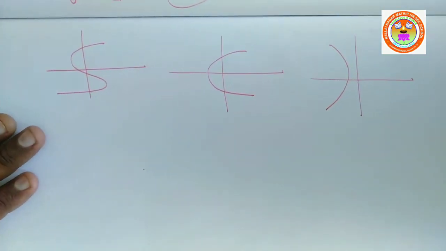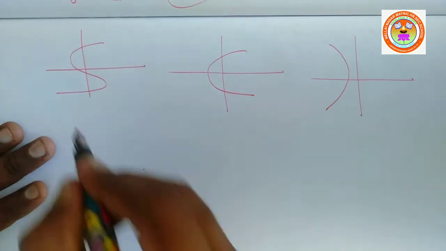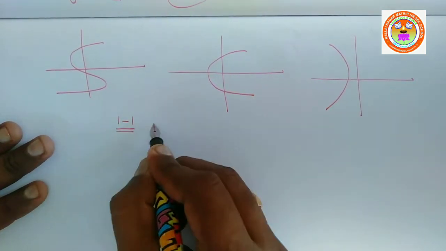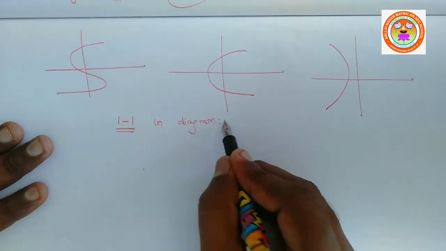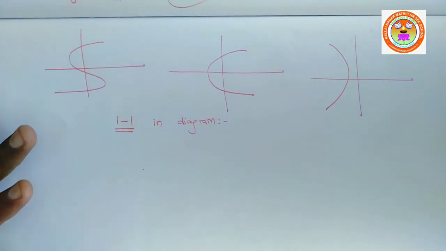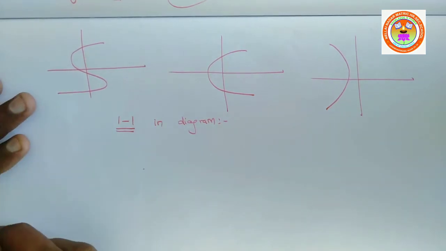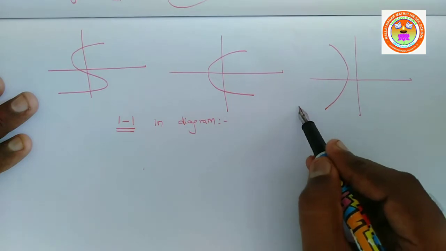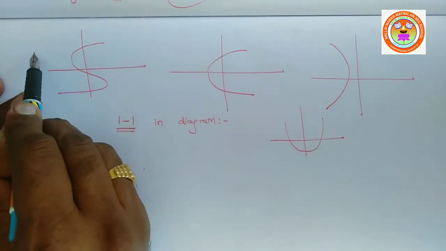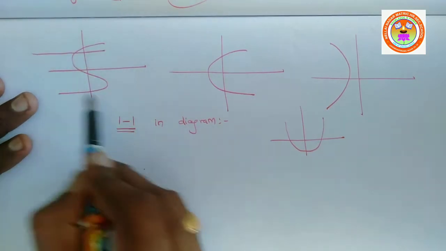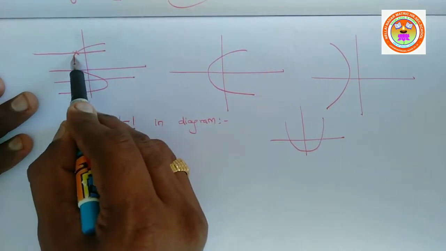So how do we test a one-to-one function in a diagram? Just by drawing a horizontal line. You can draw the horizontal line anywhere in the diagram, and anywhere it cuts at only one point.